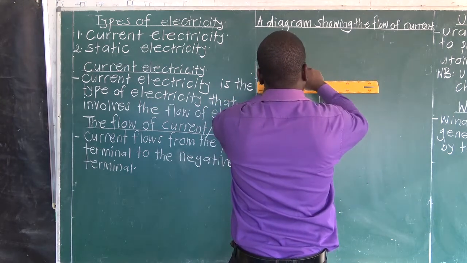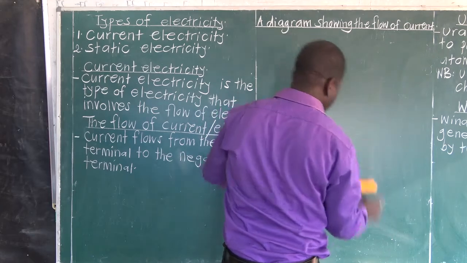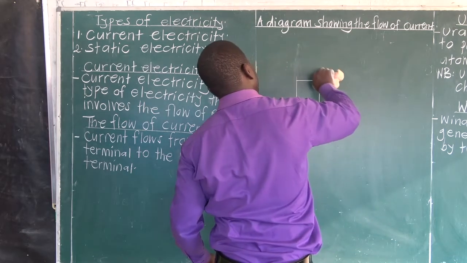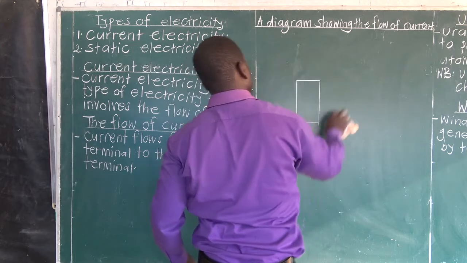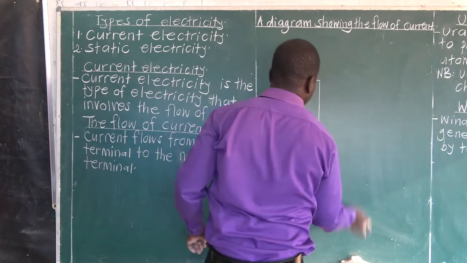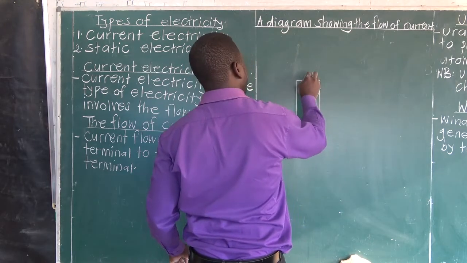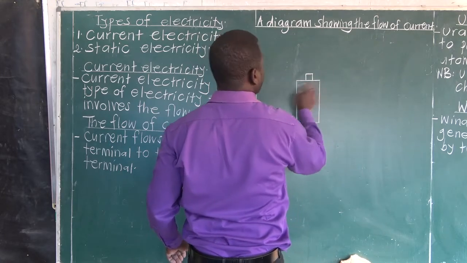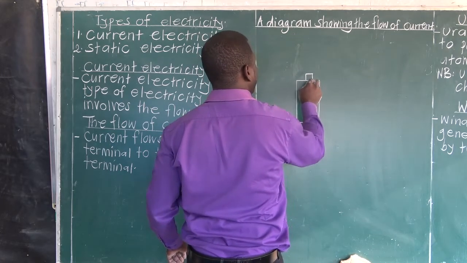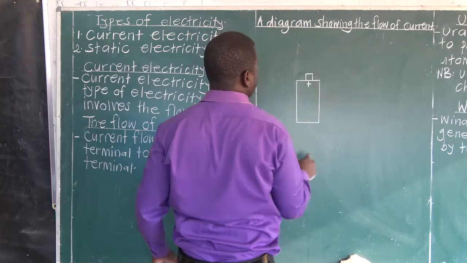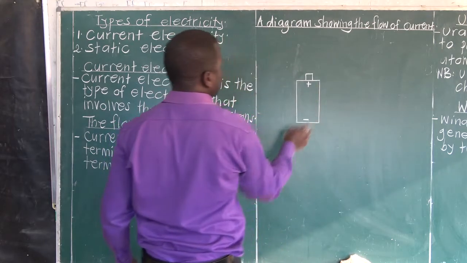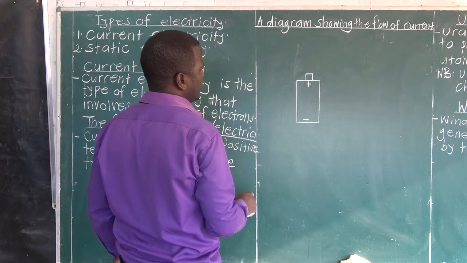That's a dry cell. Remember, we looked at a dry cell as a source of electricity. I told you a positive sign represents the positive terminal, then the negative sign represents the negative terminal.